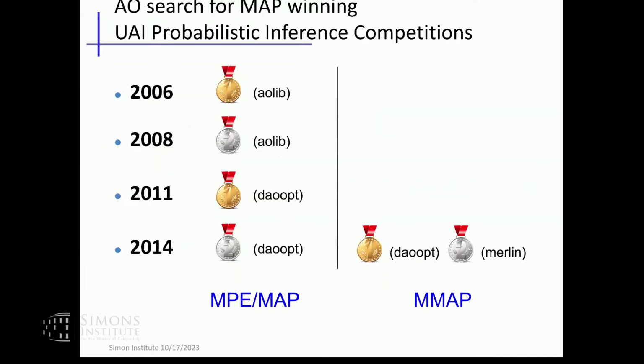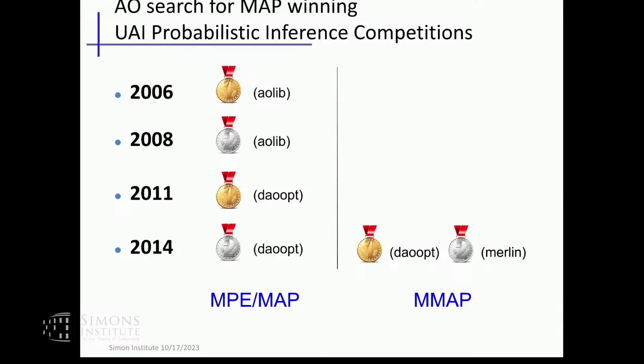And one of the ways we evaluate the work is using the UAI competition. The UAI competition started in 2006. We also have two competitions since 2014 and 2016, and 2022 that I will comment on at the end.